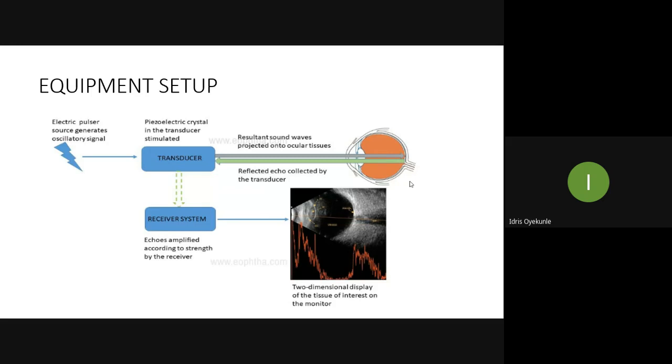And these sound waves vibrate and are projected onto ocular tissues, and echoes are bounced back and collected by the transducer. And eventually, it's sent to the receiver system, where the echoes are amplified according to the strength, and then they are displayed on a two-dimensional projection, or on the monitor.